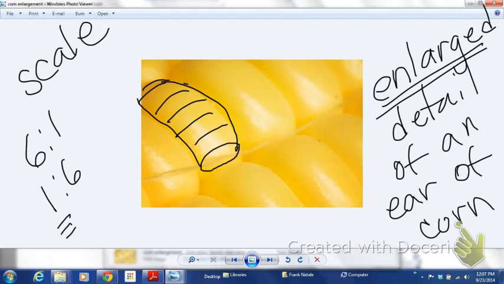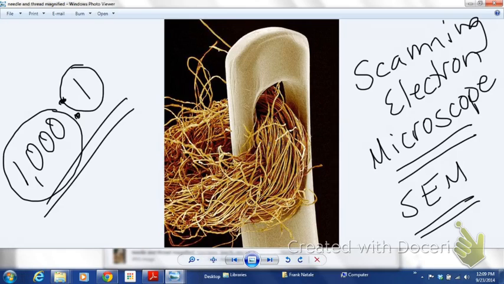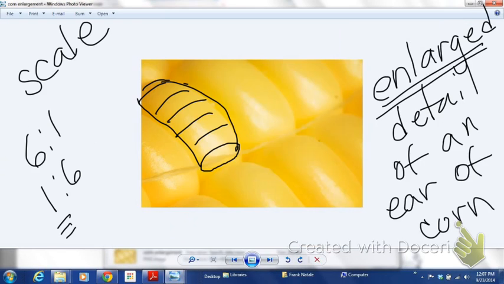Now, a few of these images that we've looked at here, this corn, for example, and the needle and thread, and this here of skin, these magnifications are all 3-dimensional. What we will be mainly involved with here in grade 7 is producing scale drawings, okay, because that will be what we'll do.